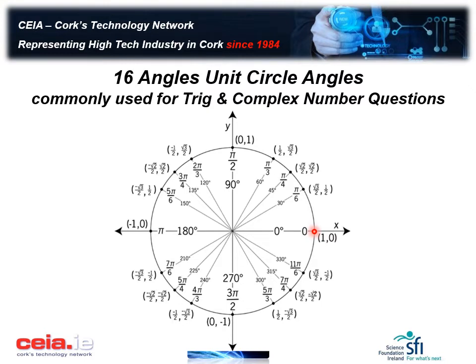And so I'm just going to call these angles of interest, okay? And for each of these 16 angles of interest, we need to be able to understand and recognize them in terms of radians.